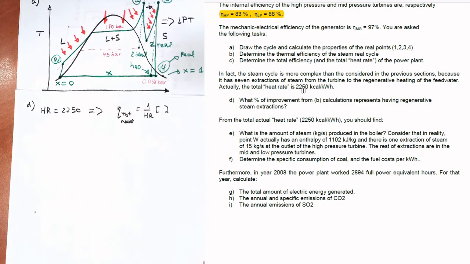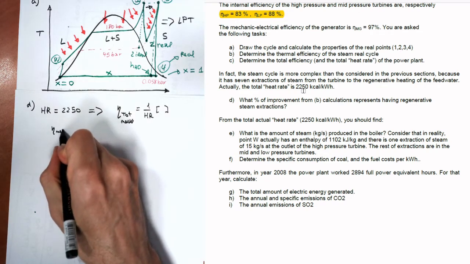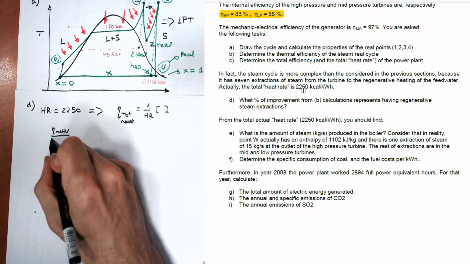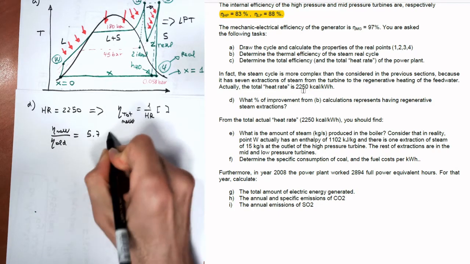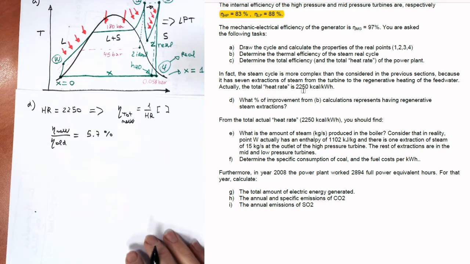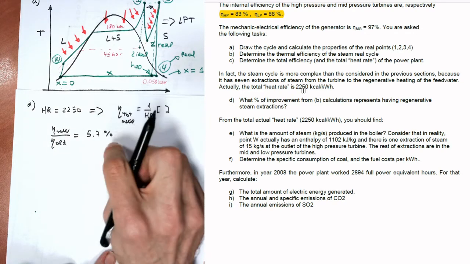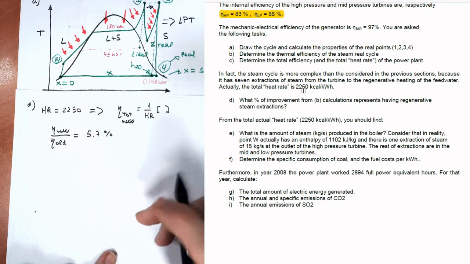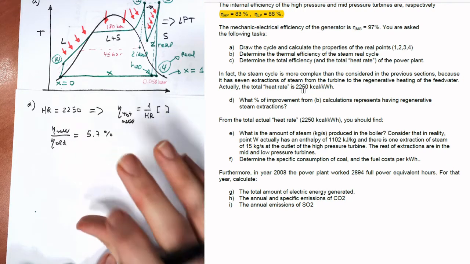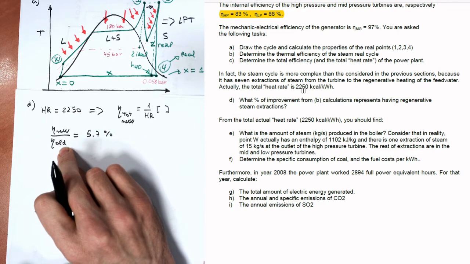Now the improvement is the new efficiency divided by the old efficiency, and this will give us 5.7%. We can do it also directly from the heat rate, but you have to be careful when you do that, because you need to have the old heat rate above and the new heat rate below.